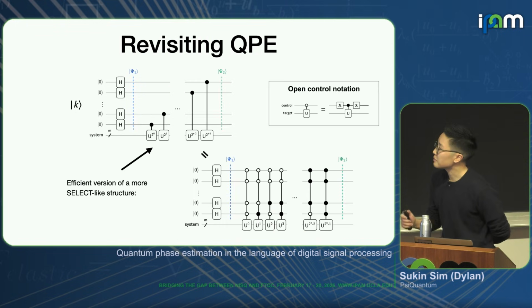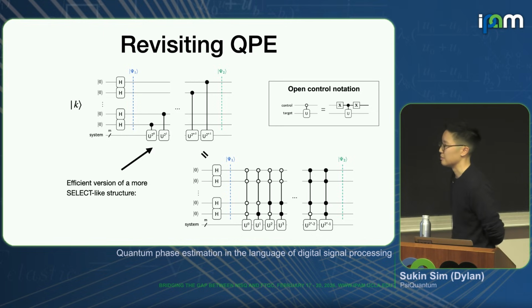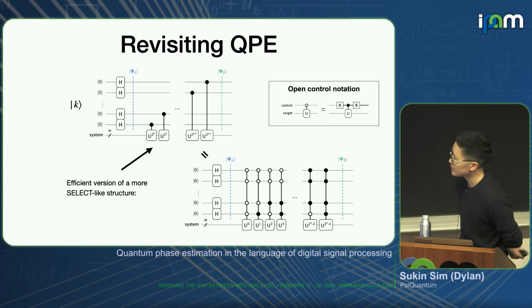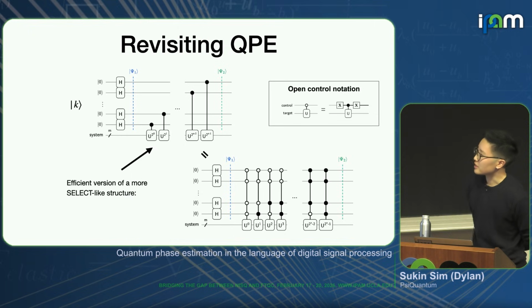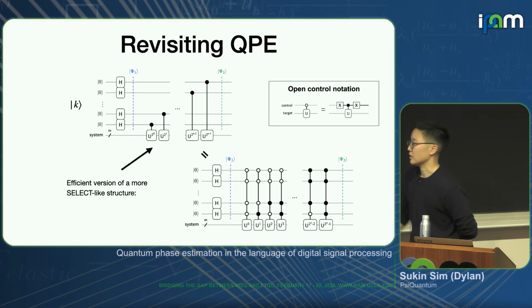But I'm going to use a slightly different notation, or circuit compilation, of these powers of U. What we often see in the phase estimation literature, in the textbook case, is actually an optimized, efficient version of a much more naive but easy to understand application of powers of U, which is shown on the bottom right.